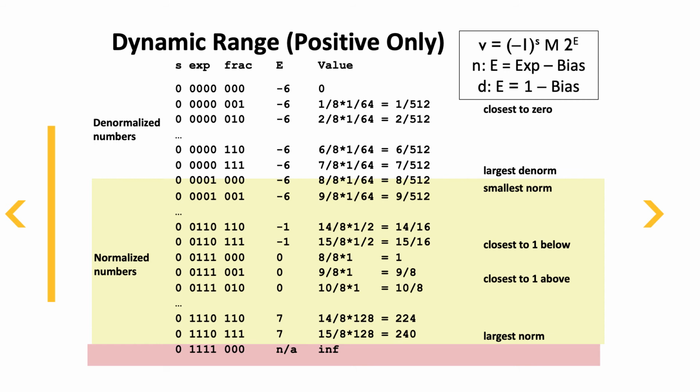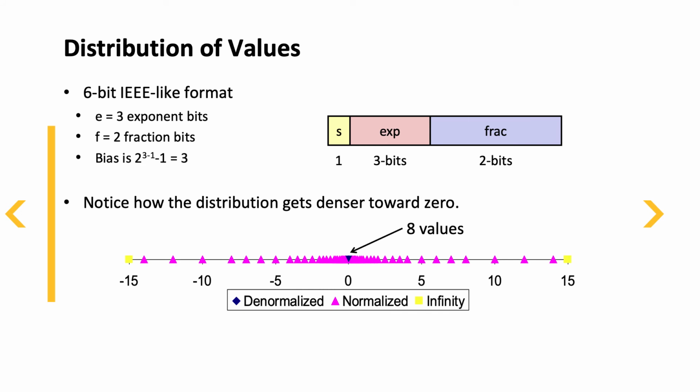So that takes us through the entire positive range: from a 0 special case where we have 0s in the exp and the frac field, all the way up through the denormalized, then through the normalized numbers, finally to positive infinity.